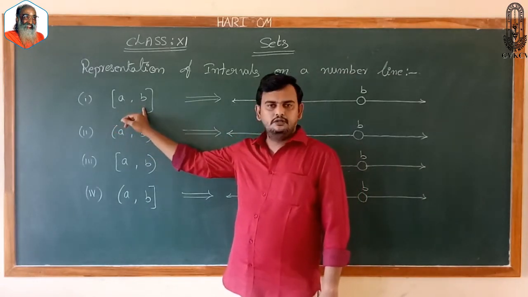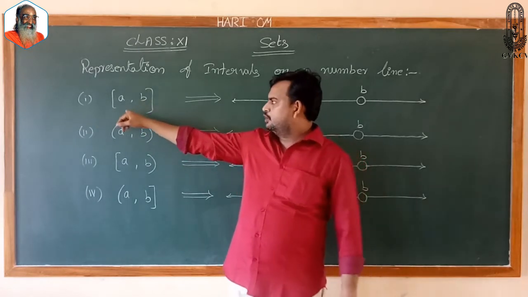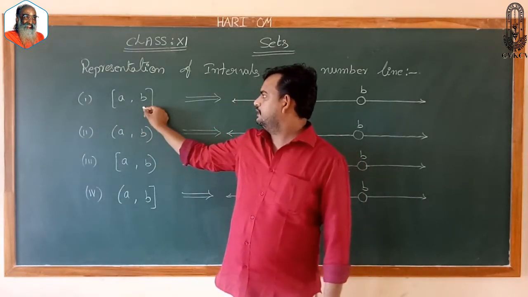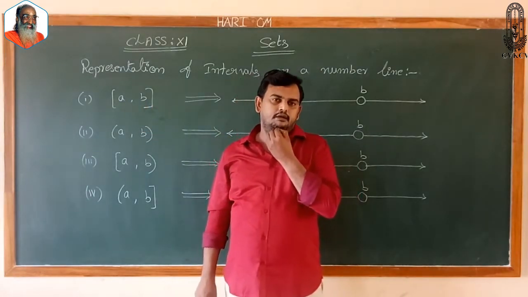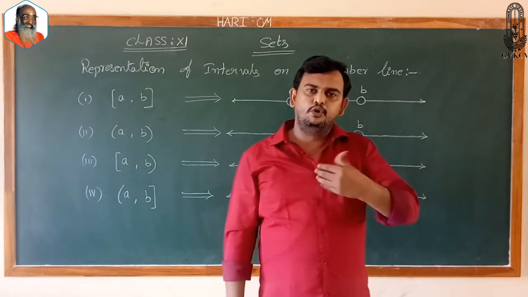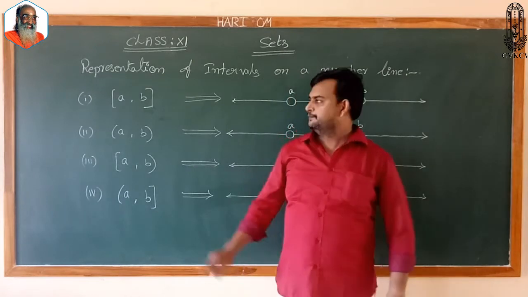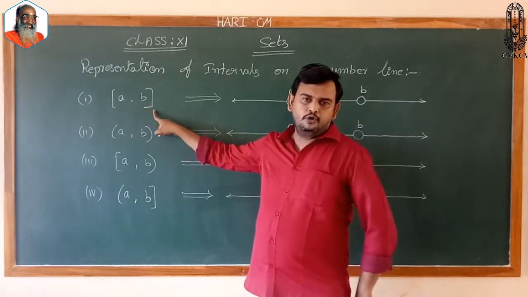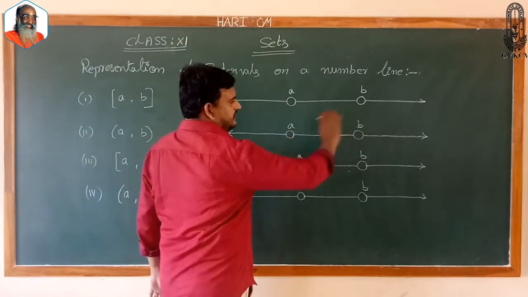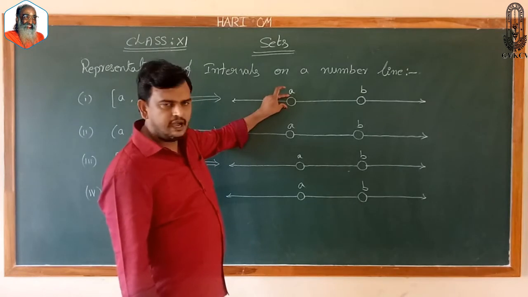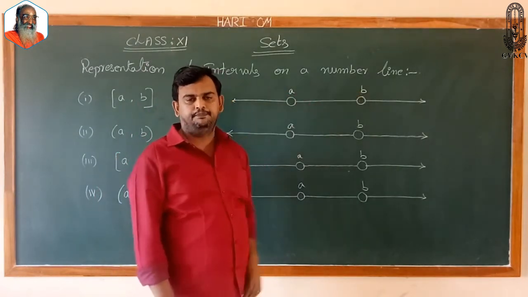Here we have this closed interval a comma b. As we know, closed interval means what? We are going to include the values a and b. Closed interval means including the boundaries. Open interval means excluding the boundaries. Here we are talking about closed interval a comma b. On a number line, here I have the value of a and here I have the value of b.